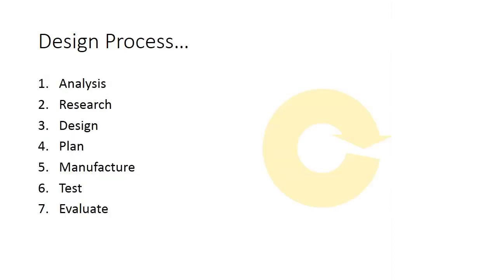So our first learning objective was to understand the design process. At Heathcote School, we teach you 7 stages to the design process. You analyse the project, and then you research some possible ideas. Then you design suitable solutions, and you plan how you're going to make your idea. Then you will manufacture your product.